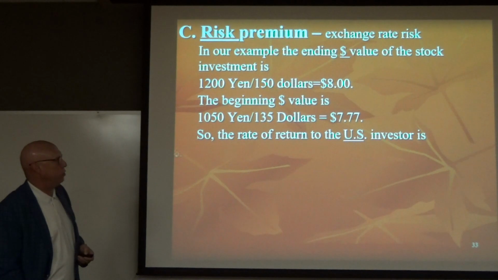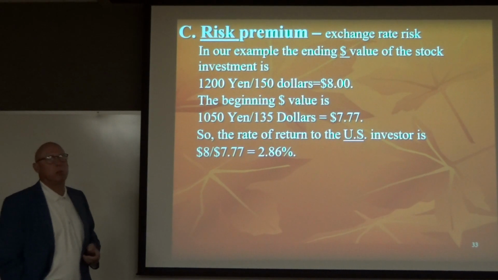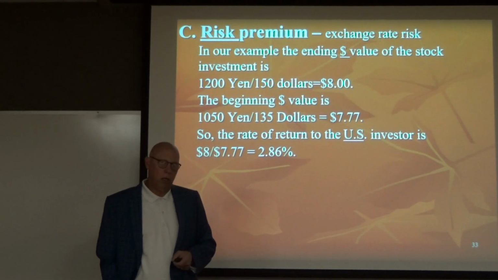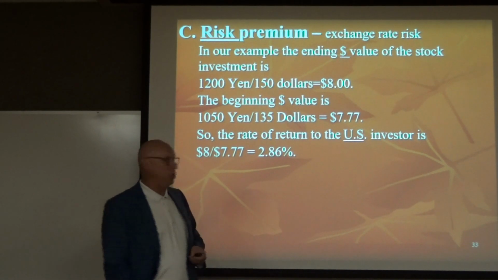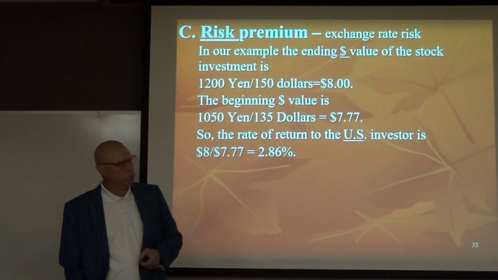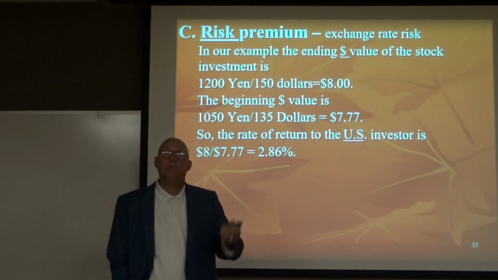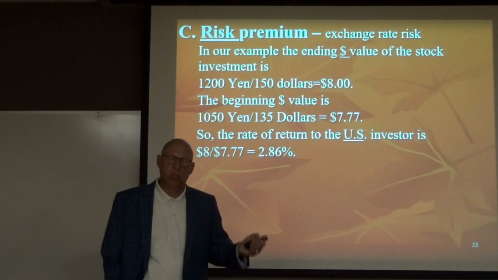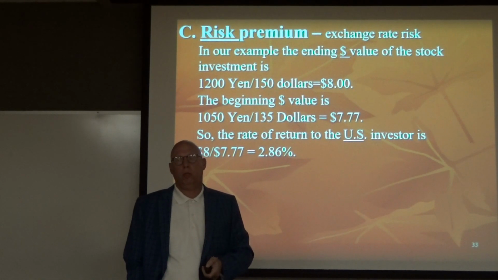The rate of return to the U.S. investor is only 2.86% because the yen weakened while we were holding Mitsubishi Electric stock. Now, if we did not convert our yen back into dollars, but we reinvested our yen into another Japanese stock, we would get that 14.29% return.